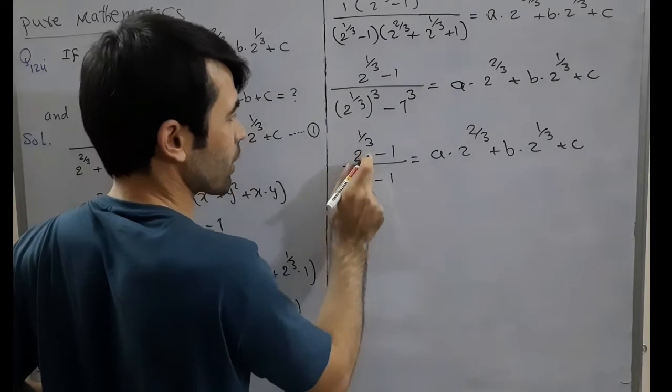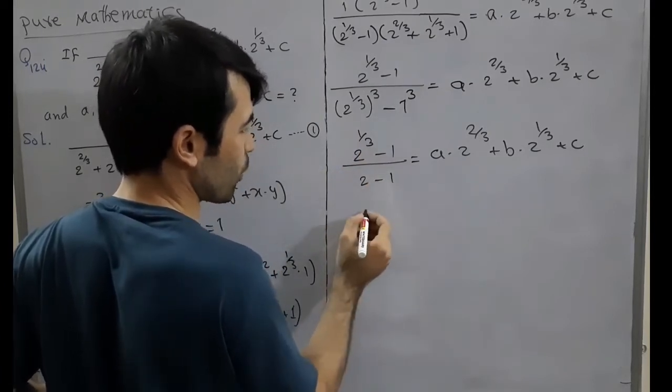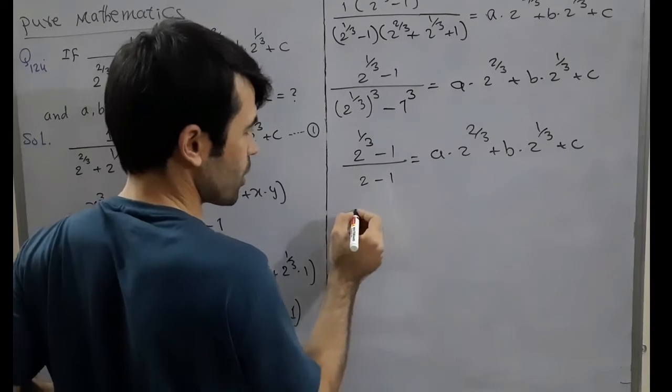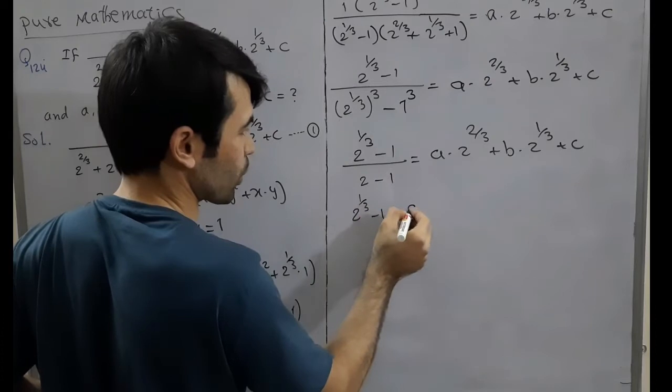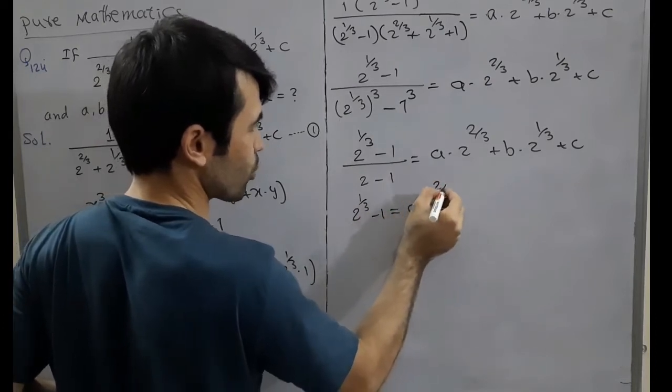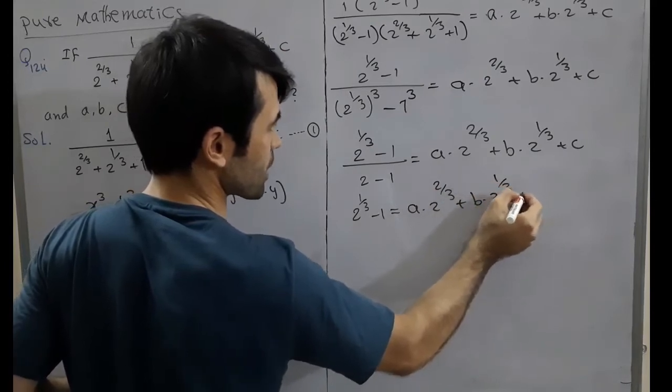So 2 to the power 1 over 3 minus 1, with the denominator becoming 1, which we do not write, is equal to a times 2 to the power 2 over 3 plus b times 2 to the power 1 over 3 plus c.